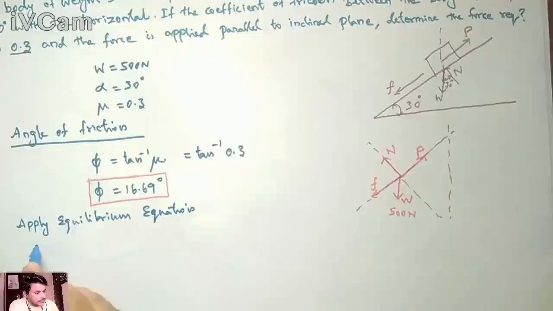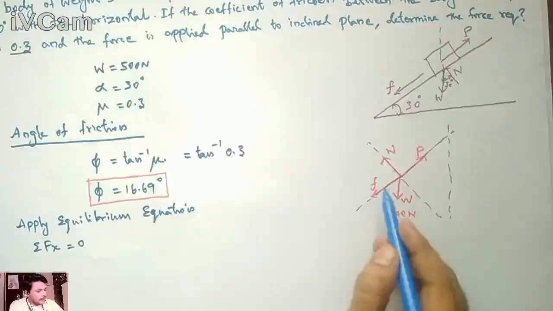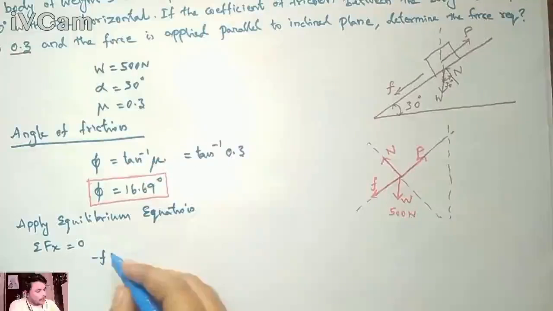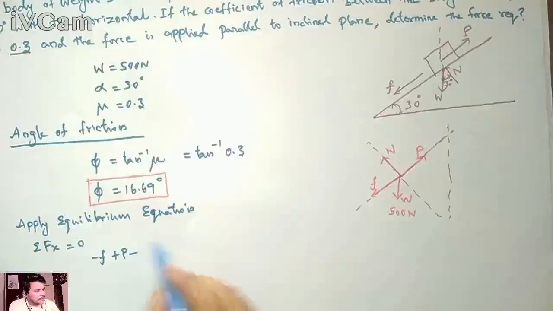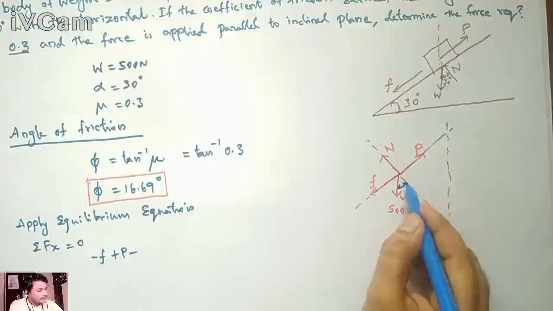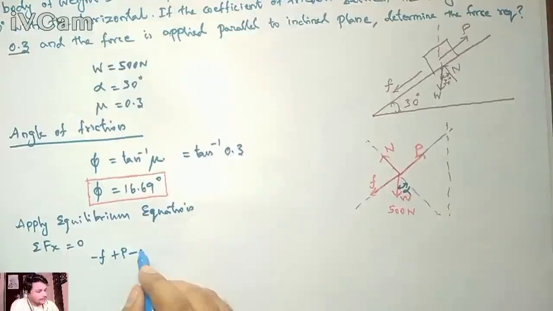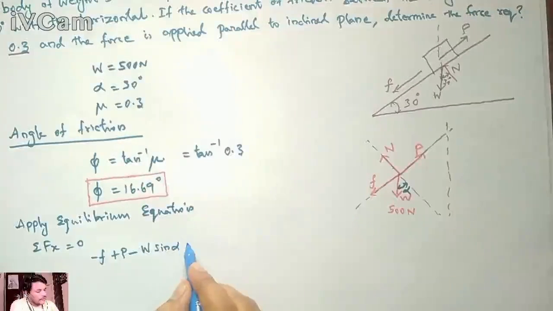So sum of Fx is equal to 0. Sum of Fx equal to 0 means minus F plus P minus W sin alpha, which is equal to 0, since the weight makes an angle alpha.